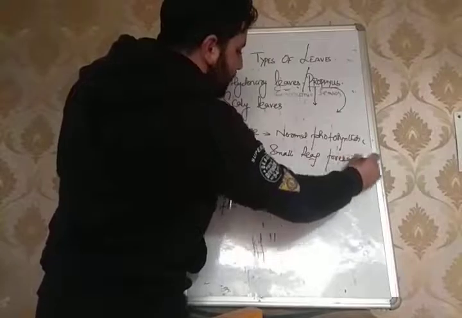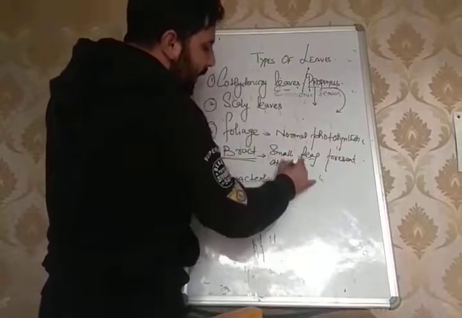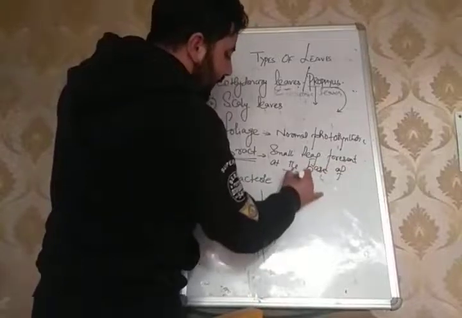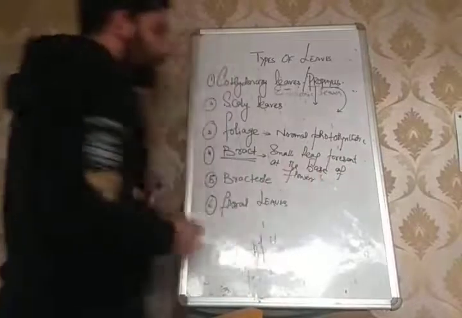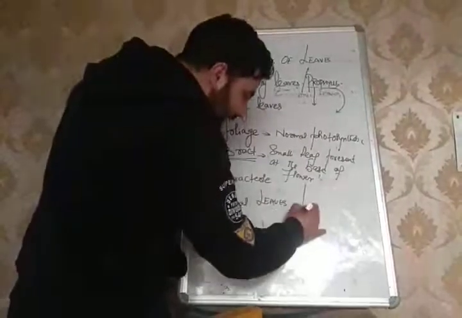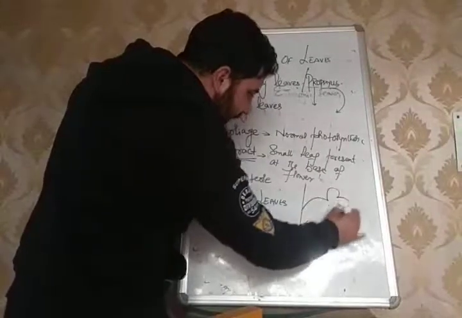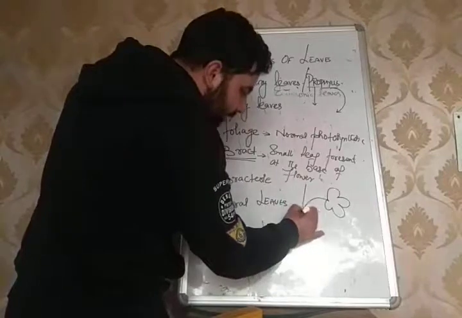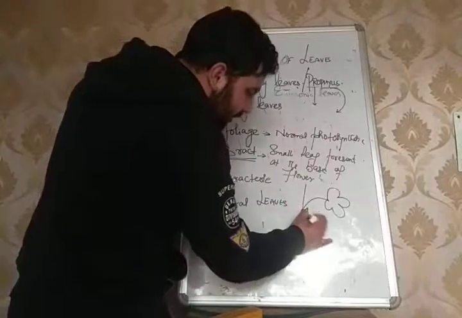at the base of flower. At the base of flower there is a small leaf-like structure, it is called bract. For example अगर मैं diagram बनाऊंगा, ये for example एक flower है, this is the base of flower. At the base of flower there is a small leaf-like structure.